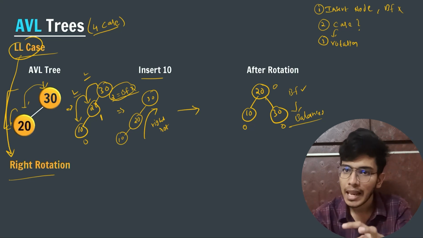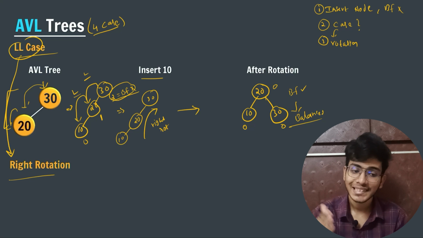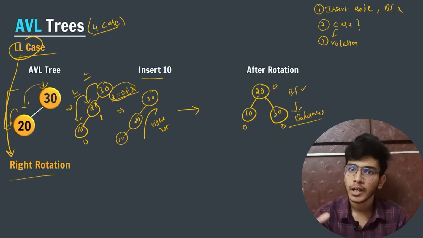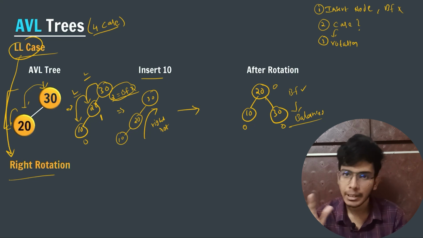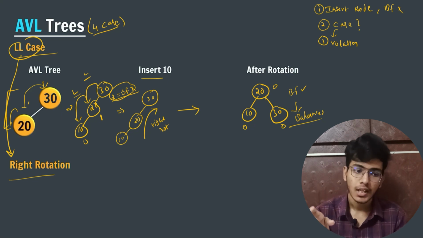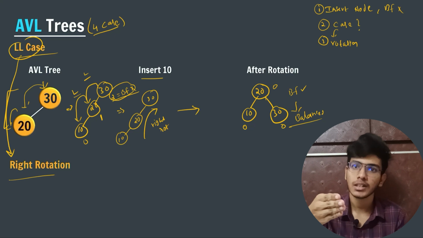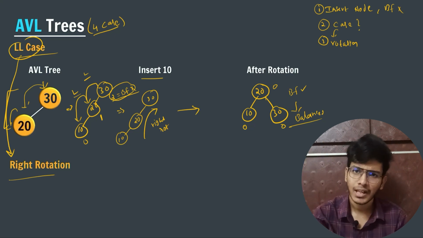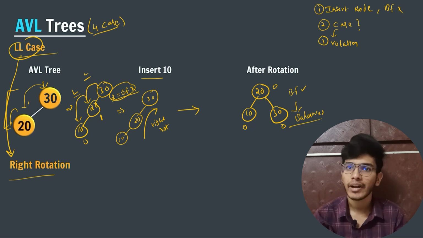Because of inserting the new node on the left of the left, my old tree became unbalanced, and this is the LL case.